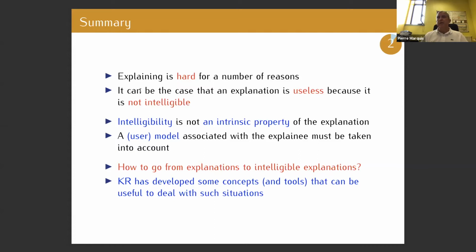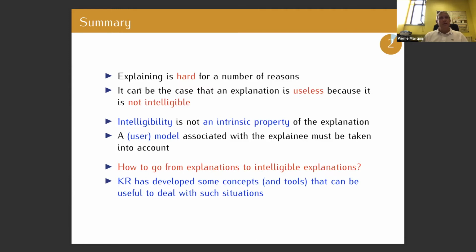Okay, so intelligibility is not just an intrinsic property of explanation. In order to make explanations intelligible, you have also to take into account the explainee, the explanation receiver. So you have to consider a kind of user model, in some sense, associated with the explainee.